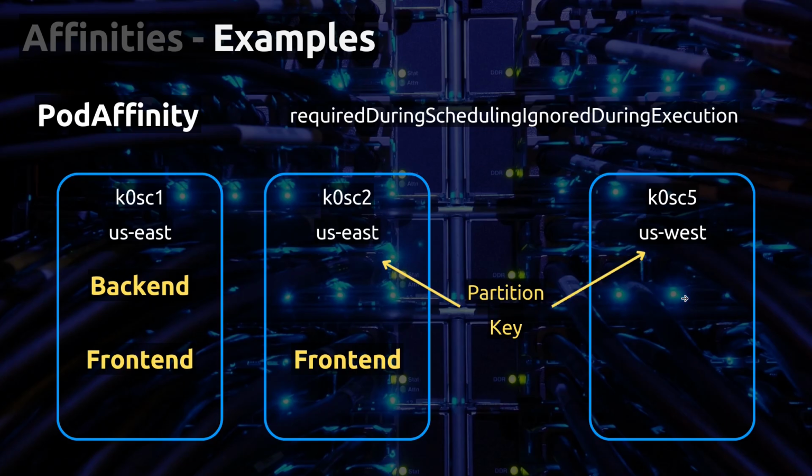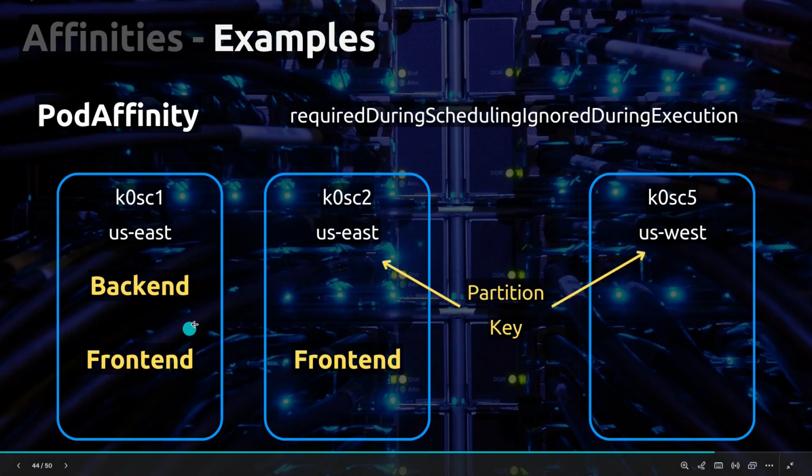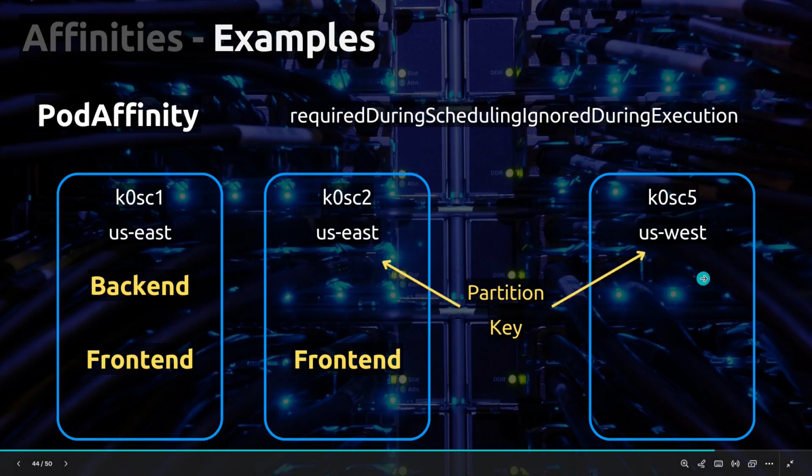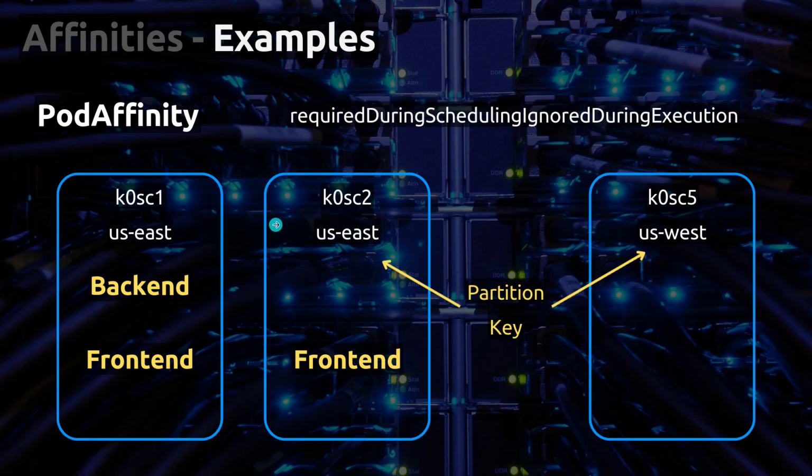So this is the kind of affinity where we want to have one application close to another, front-end with backend. So this is just an example. Here, the topology key is like a partition key, in fact.